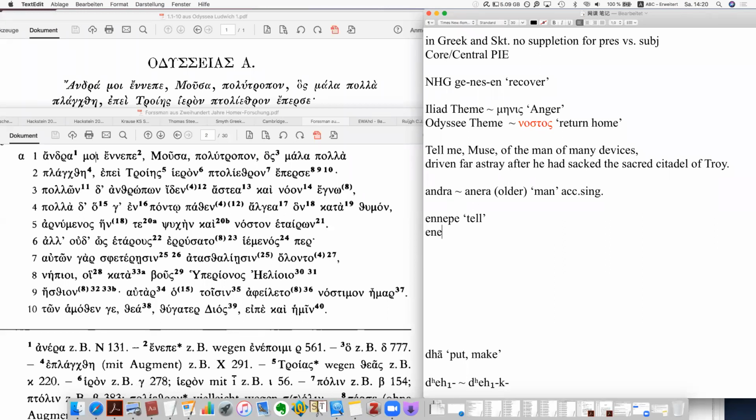In another text, we have enepoimi, which is optative, but the stem is clear. I highlight this. So tell me, which one is older? This is number 1, this is number 2. Which is older?